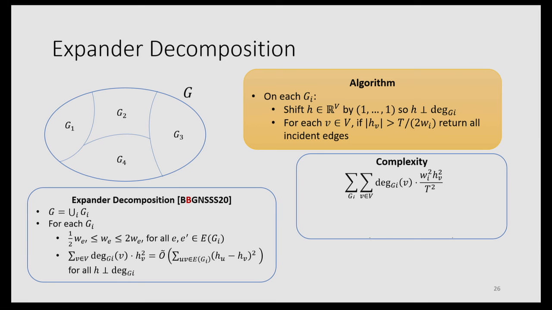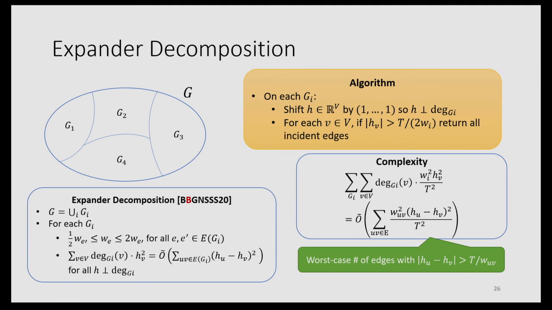And we know it's an expander thanks to the expander decomposition, so you can bound it by this expression, the weights with the differences of our endpoints on each edge. But that is precisely an upper bound on how many entries we would have to return, how many entries are larger than our threshold t. Whenever this fraction is larger than 1, we would have to return that entry. So we're not going to return too many entries using this almost naive algorithm.